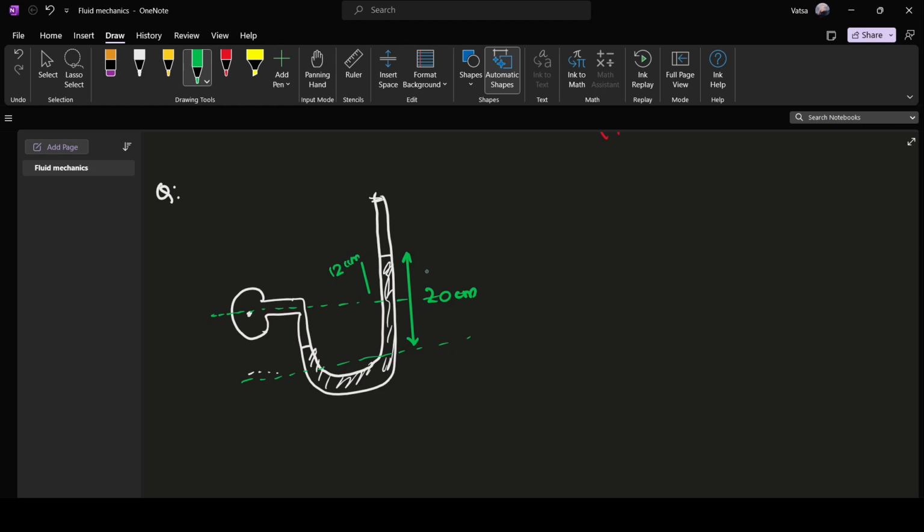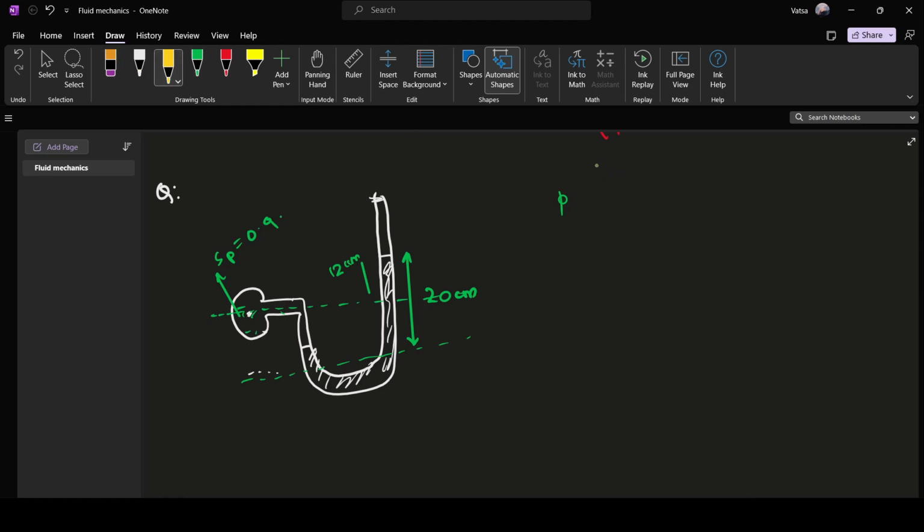We have to find the pressure, given that the specific gravity of the fluid in the left limb is 0.9. So we'll be solving this question.